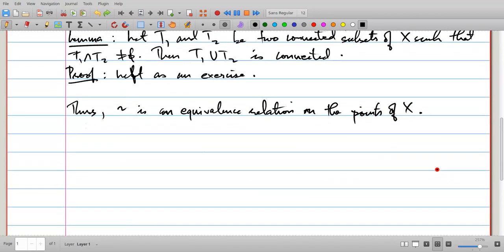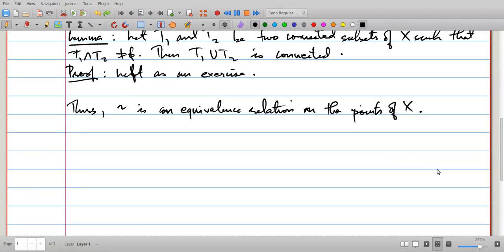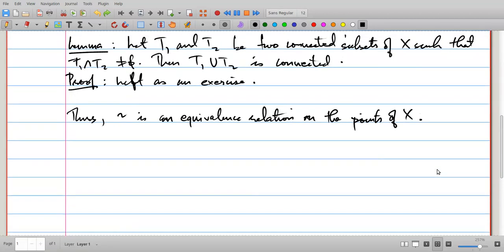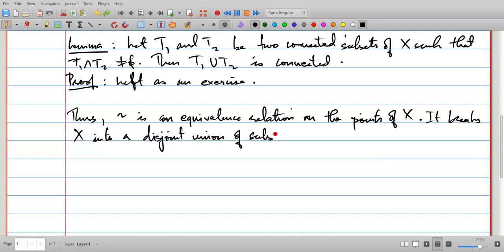So recall that every time we have an equivalence relation on a set, it breaks X into a disjoint union of subsets. These are called the equivalence classes. Each of these subsets is called an equivalence class.